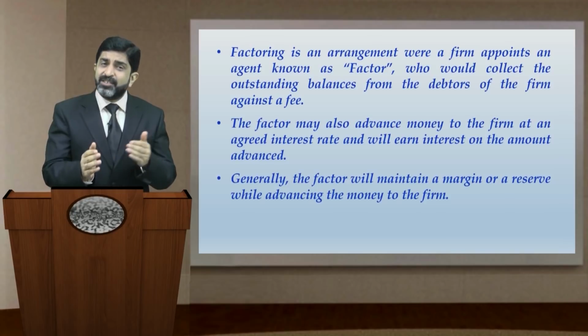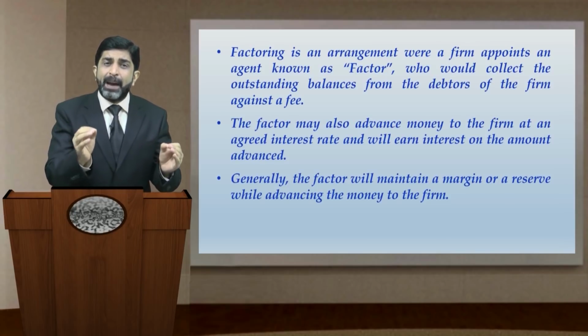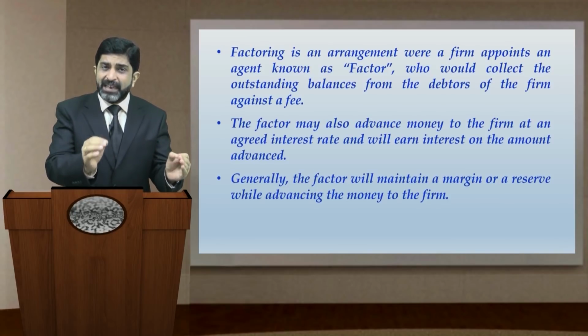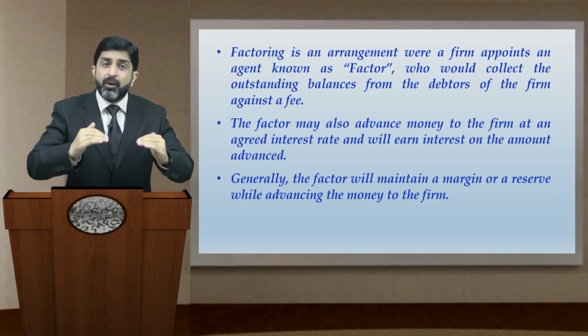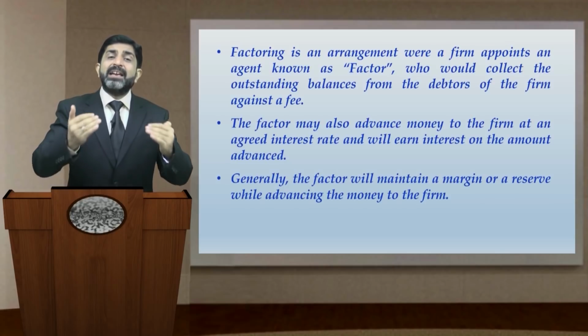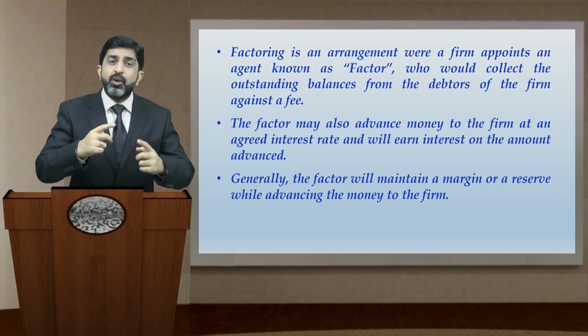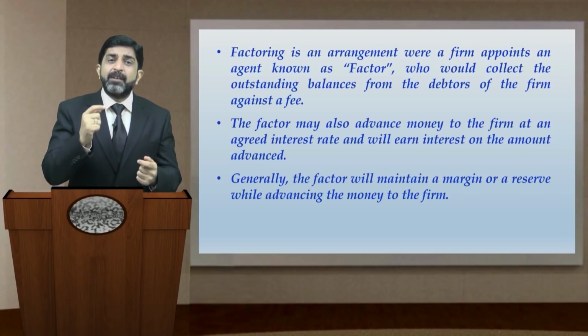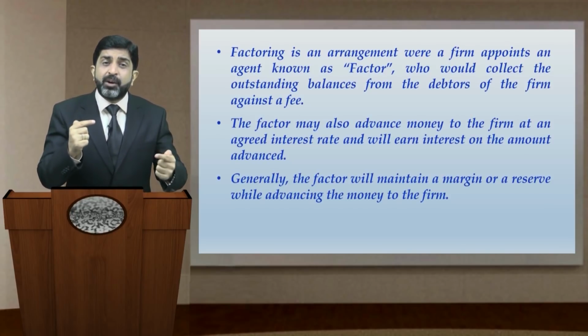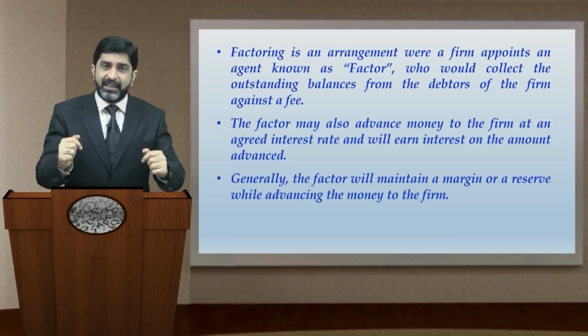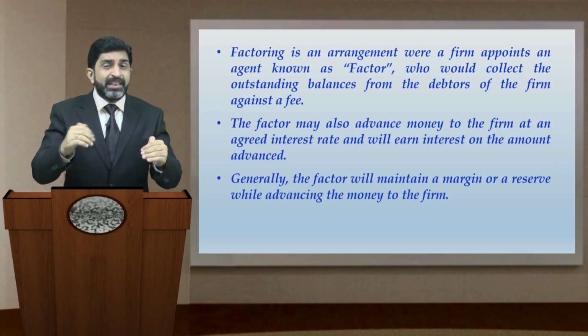Let us take an example that the average balance of debtors is rupees 20 lakhs and the factor has agreed to maintain a reserve of 20%. Maintaining a reserve of 20% would indirectly mean that the factor is providing an advance to the extent of 80% of the average debtors balance. So you may compute it either way.